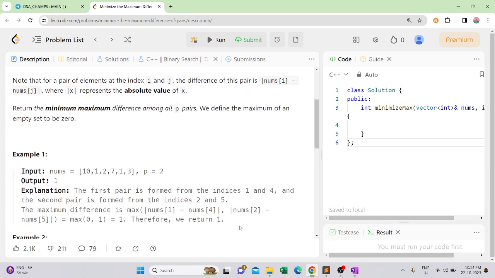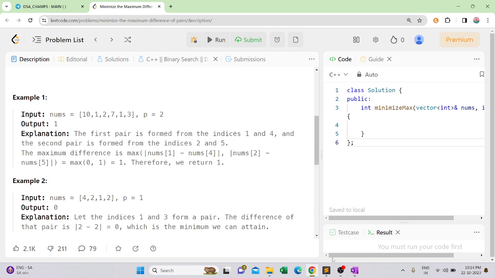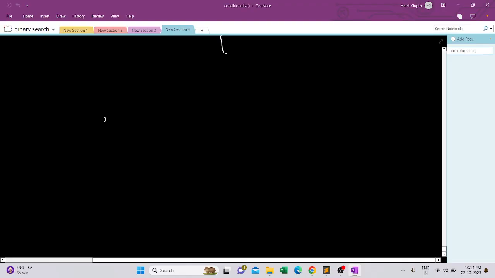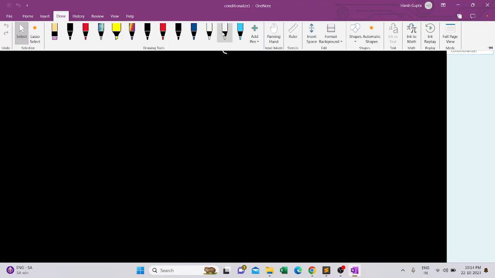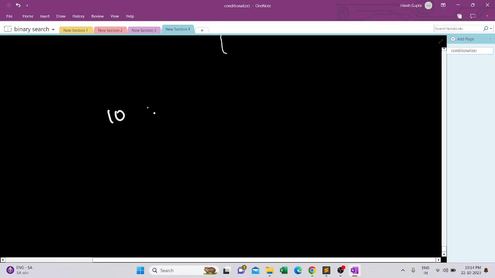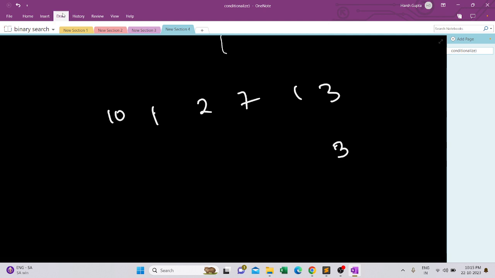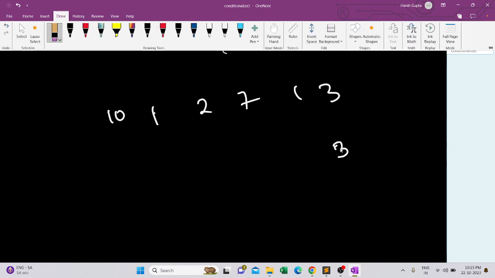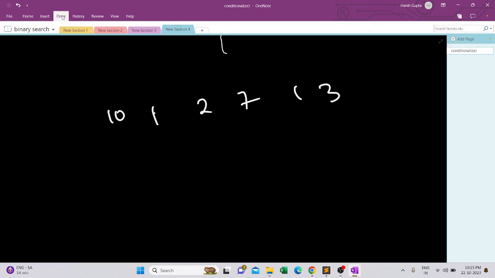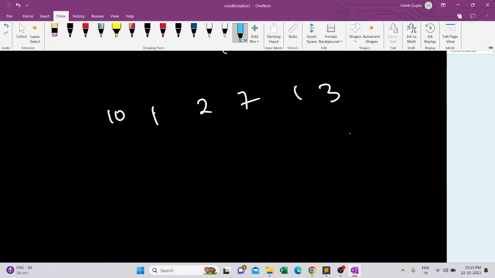Let's take an example over here: 10, 1, 2, 7, 1, 3. We have 10, 1, 2, 7, 1, 3, and we need to find two pairs over here. So what are the pairs we can take? One index can occur only in one pair. Okay, it is written over there.